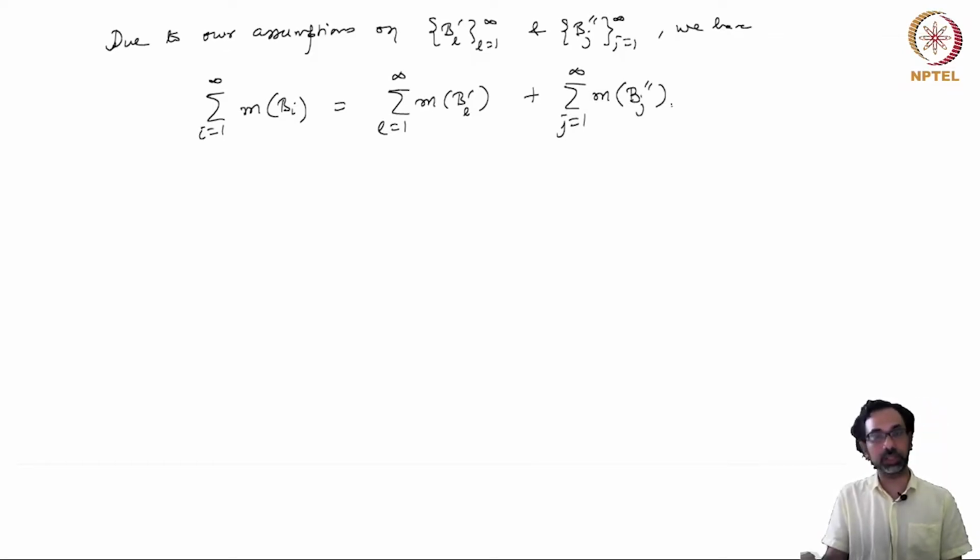This is because there is no overlap between these two collections Bl prime and Bj double prime.